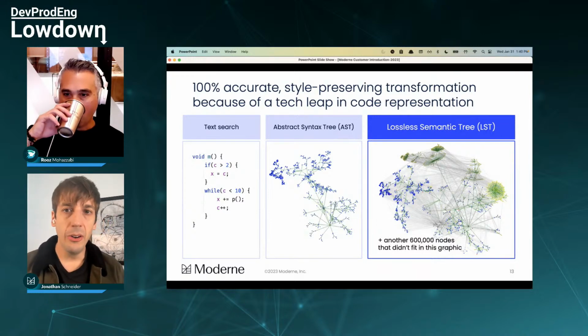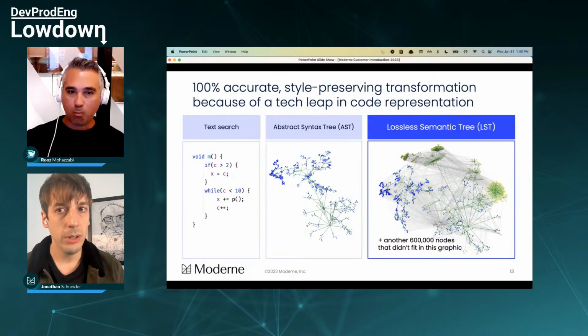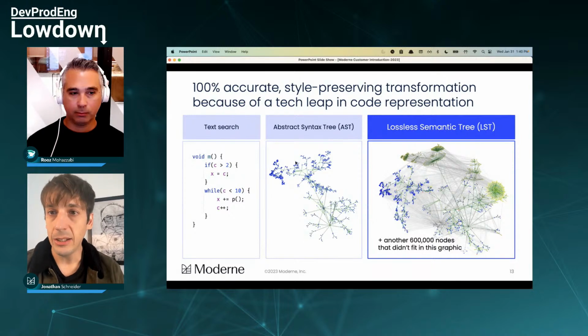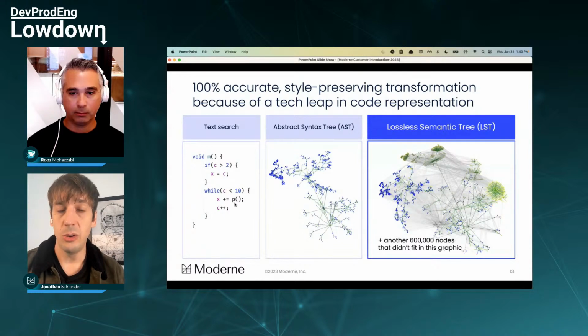When the compiler goes to compile that code, the compiler knows it has to solve for where P comes from. That's called type attribution. So we turn this text into a syntax tree. A lot of security tools now are doing syntax tree searching. They could find methods called P, but they couldn't tell whether that P came from list or some other type.